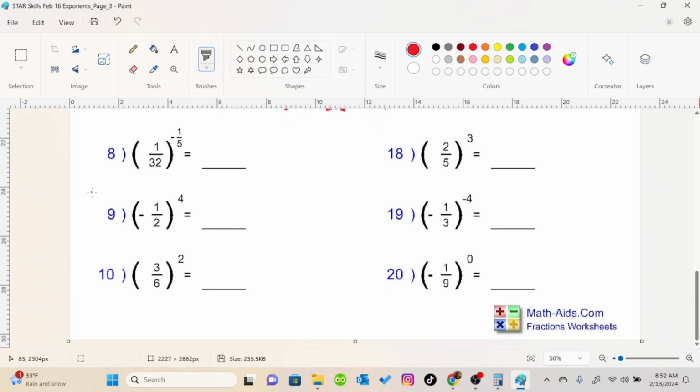Number 8. 1 over 32 to the negative 1/5. The negative exponent means 1 over. The exponent of 1/5 means we want the fifth root of 1 over 32.